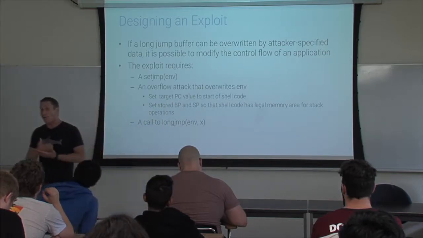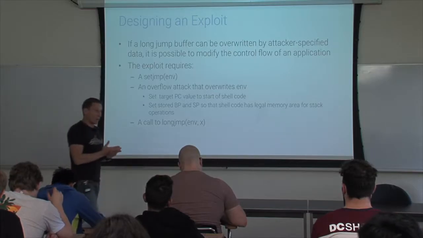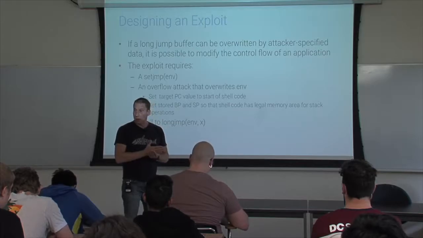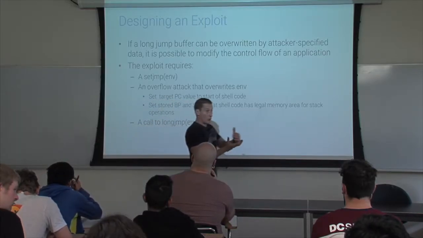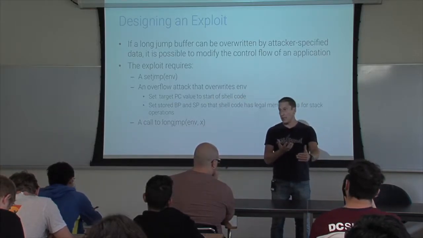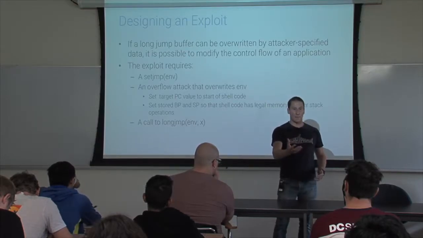Of course, you can see that here there is this restoring that can be influenced. Suppose that now you can overflow the data structure. So imagine an attack where you have a setjmp that fills the data structure with the current state, an overflow that gives you control of the content of that data structure, and then a longjmp that restores that information.